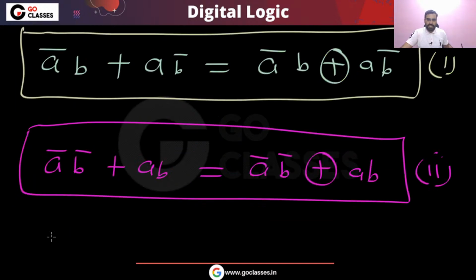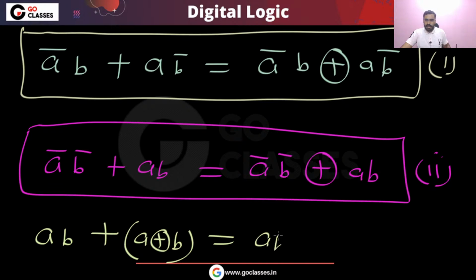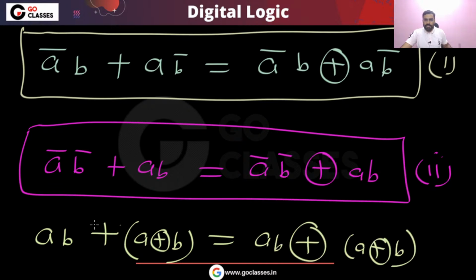Which fact? That A B or A XOR B is the same as AB XOR A XOR B. We will use this fact in the CLA, and it is very simple.